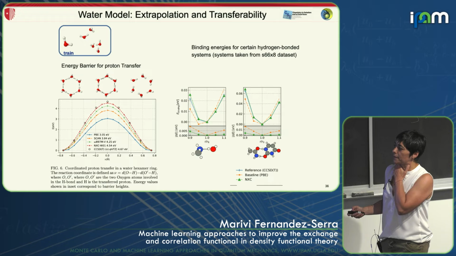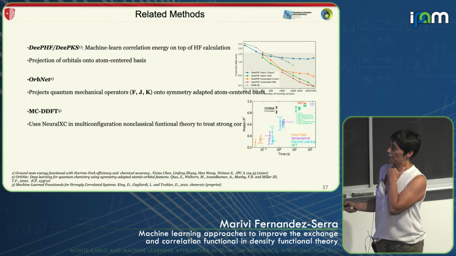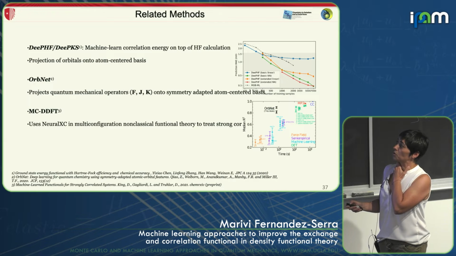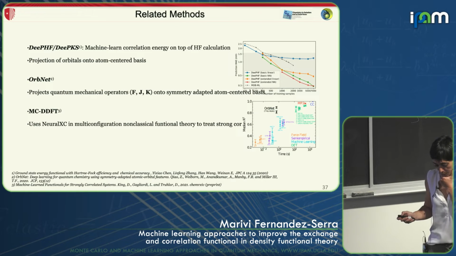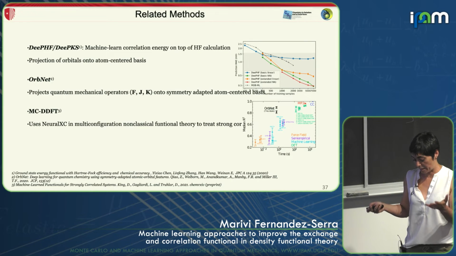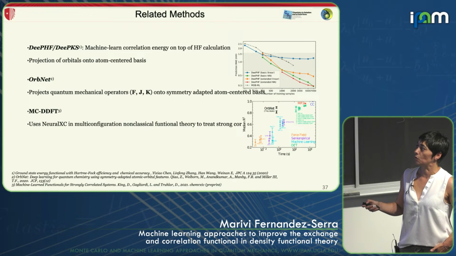But I will say that there are still deficiencies. I just don't want to go without mentioning other related methods. Deep Hartree-Fock was developed soon after our method, and it's very similar in spirit to what we do, with the difference that instead of looking at the real space density, they look at the density matrix, still projected onto an atom center basis.